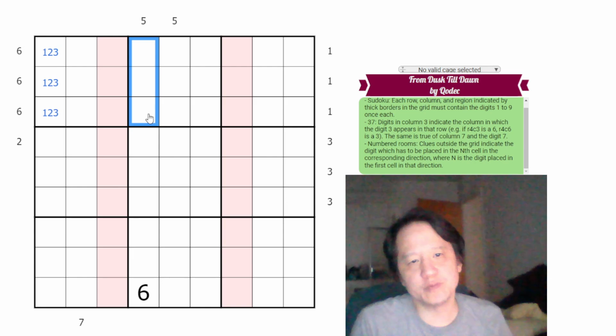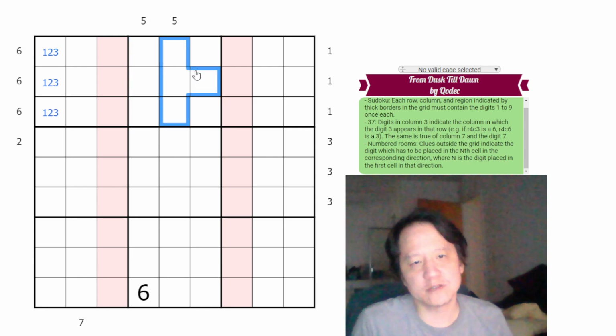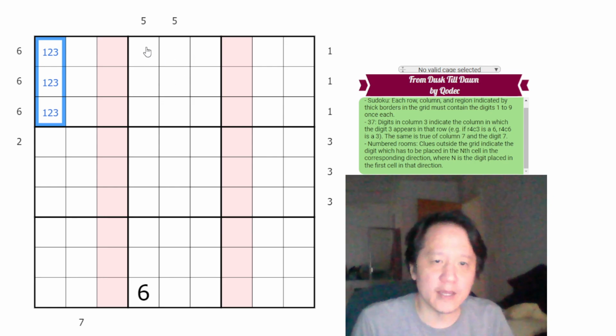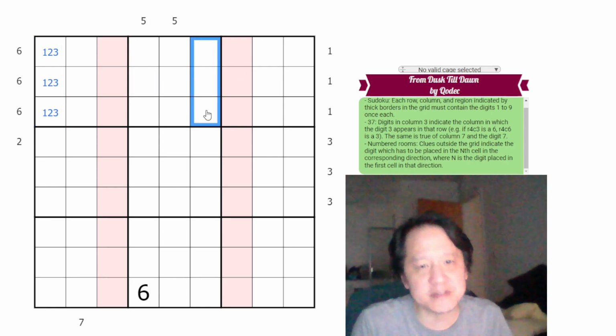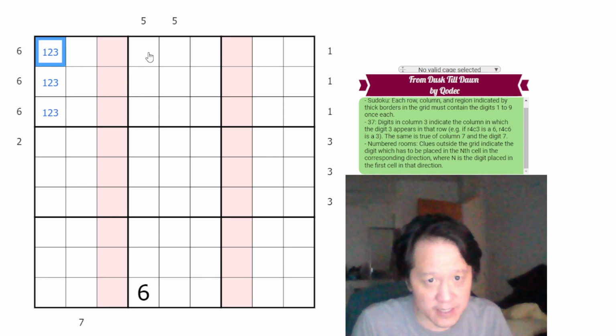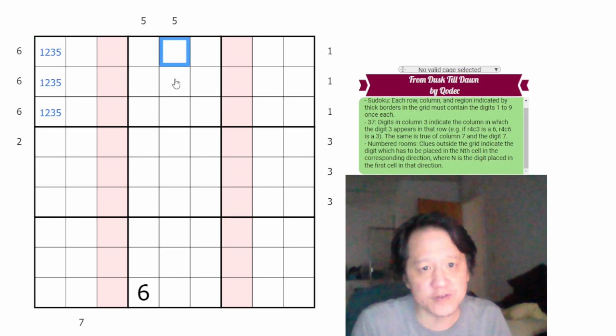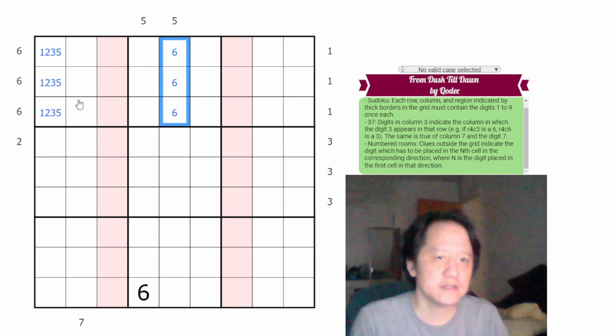Where can the 6 be in box 2? It cannot be in 4. It cannot be in 5. It has to be in 6. Wait, hold up. It can't be in 4. It can't be in 6, because if it's 6, then it obviously can't be itself. So it has to be 5. So we know this is 5, which makes that 6.